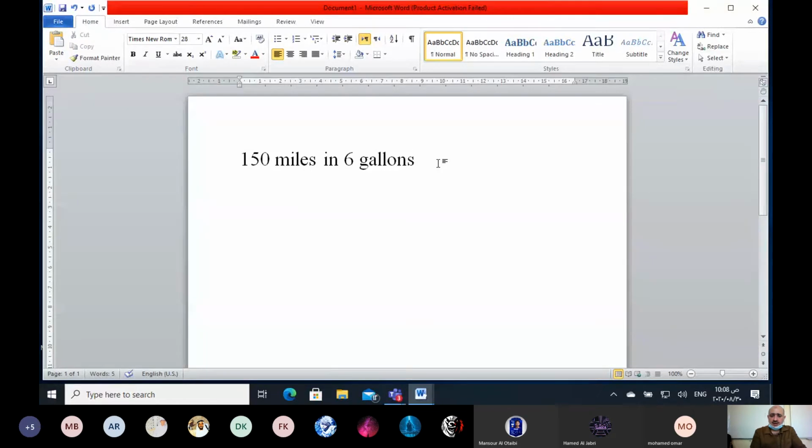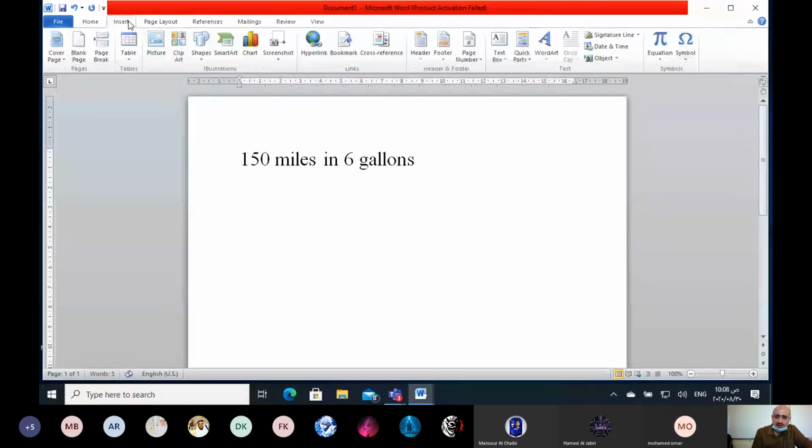The question now: we have 150 miles in 6 gallons. How to write the rate? Use a fraction.